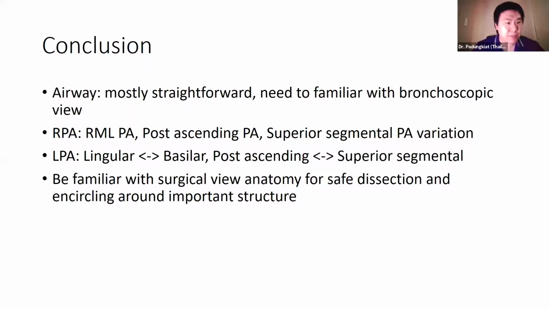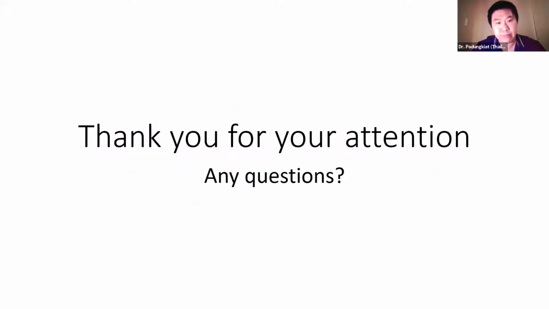And on the left, the lingular and the basilar PA can come out from each other, and the posterior ascending artery and superior segmental artery are the variation. So be familiar with the surgical view anatomy for safe dissection and circling around important structures.